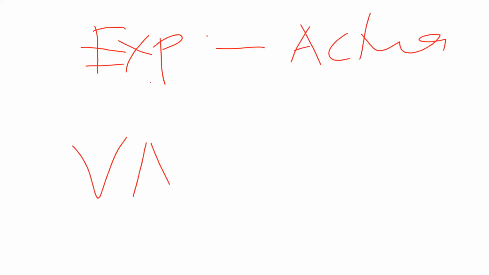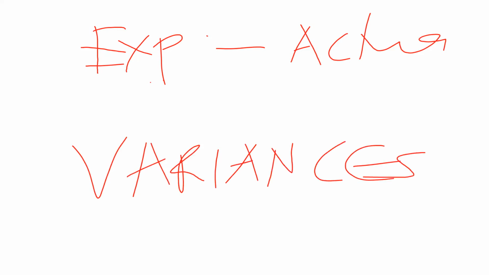Now, the difference between the expected expenditure, that is your budgeted expenditure, and the actual expenditure is what you call the variances. You look at how much you budgeted to spend and how much you have spent, and the difference is called the variances.